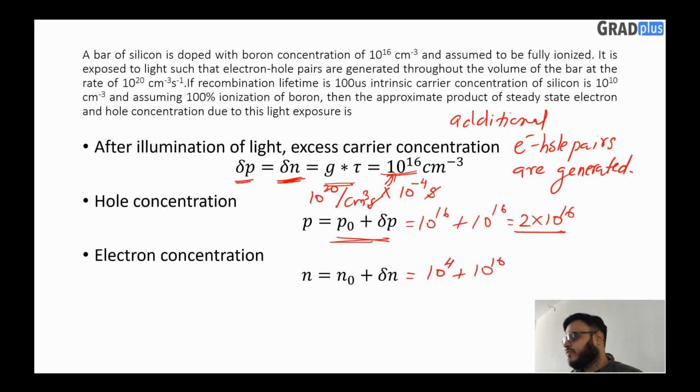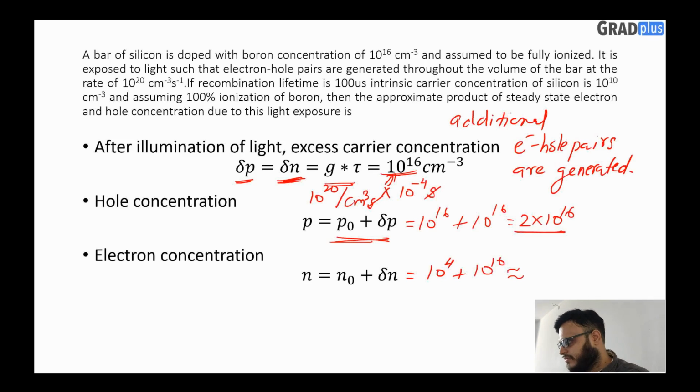Approximately, 10 power 16 is very high compared to 10 power 4, so we can neglect the equilibrium concentration of electrons, the minority charge carriers, and consider the amount of charge carriers generated presently.